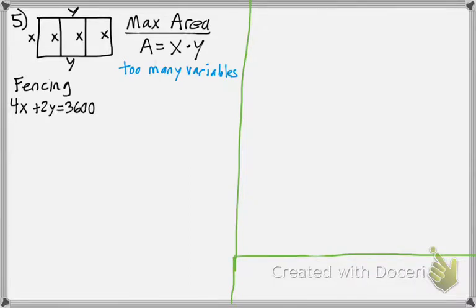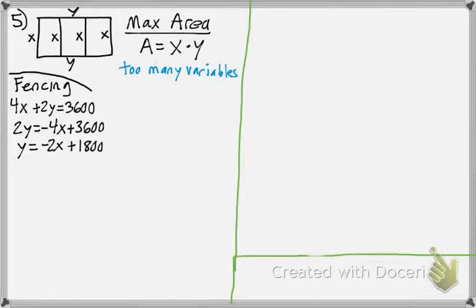If you subtract 4X from both sides, then 2Y is going to be equal to negative 4X plus 3,600. And then I want to divide everything by 2, so Y is equal to negative 2X plus 1,800.